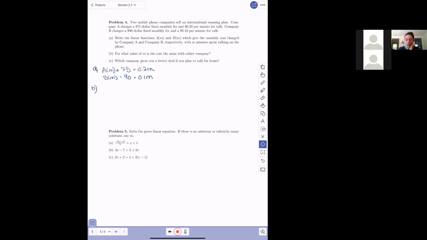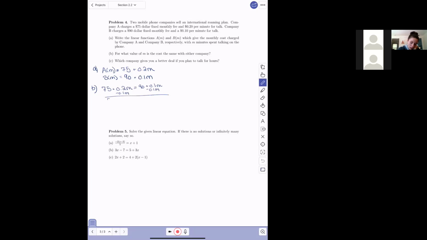But maybe you have a gut reaction, a gut instinct. So part B, we're going to find out where the companies cost the same. So per month, they'll cost the same if you talk how many minutes. So we're going to set these equal to each other. 75 plus 0.2 M is equal to 90 plus 0.1 M. Okay, so subtract 0.1 M from both sides.